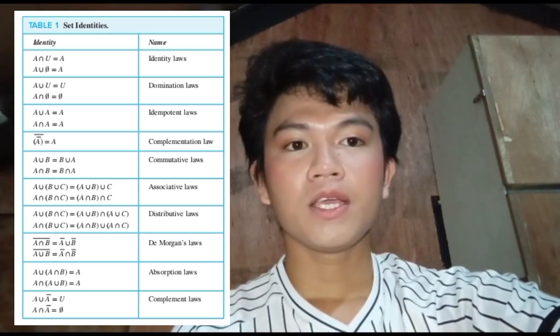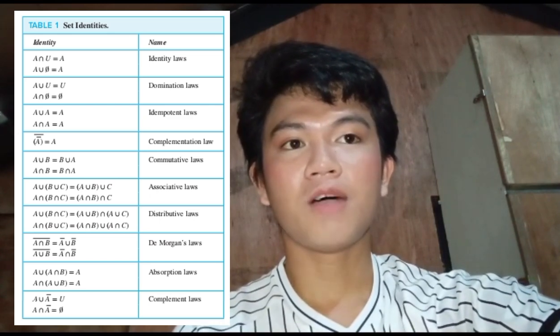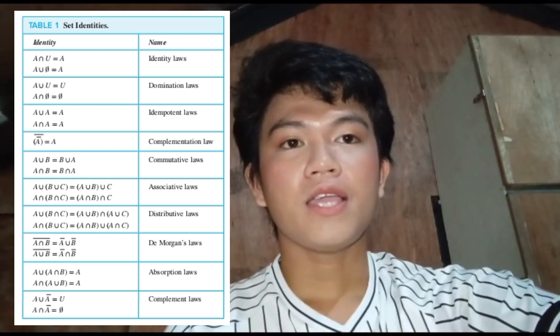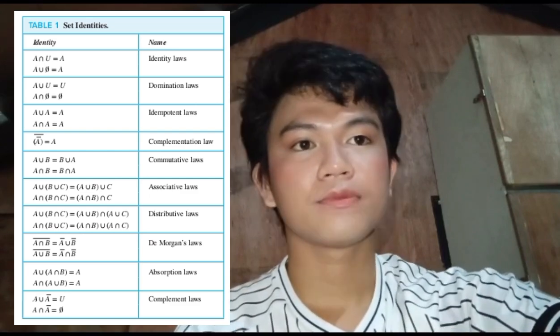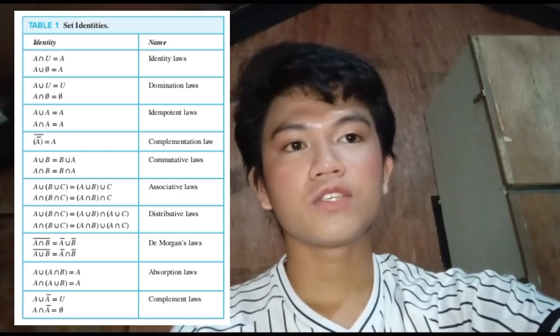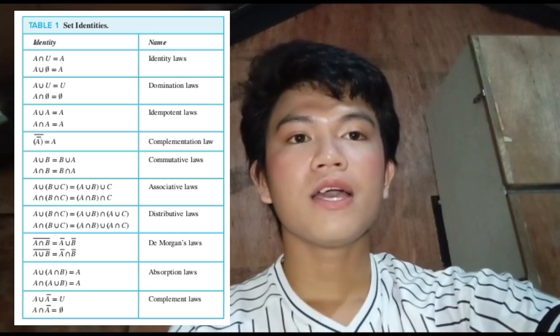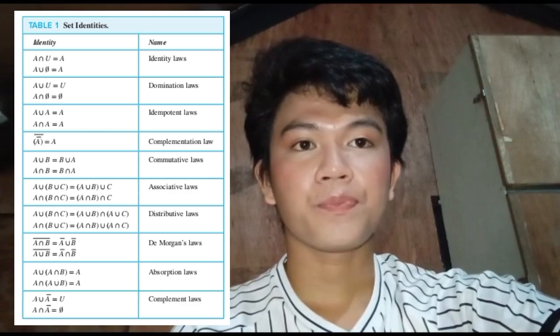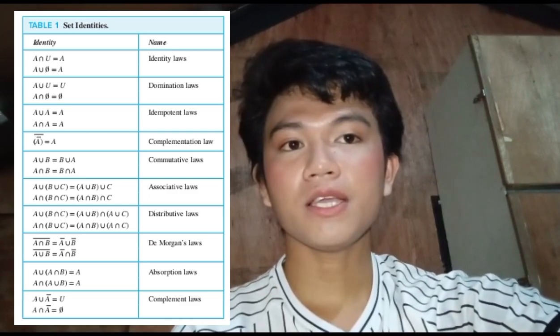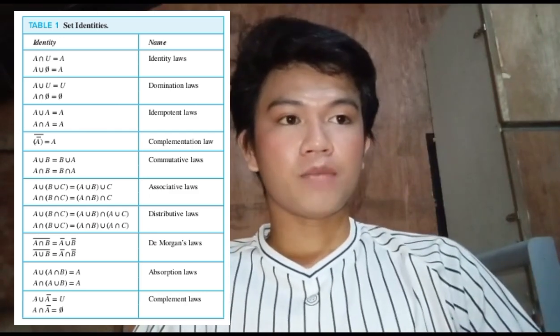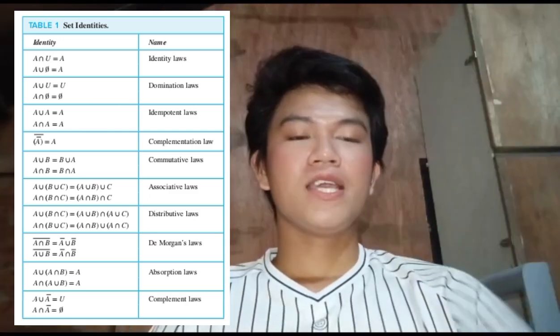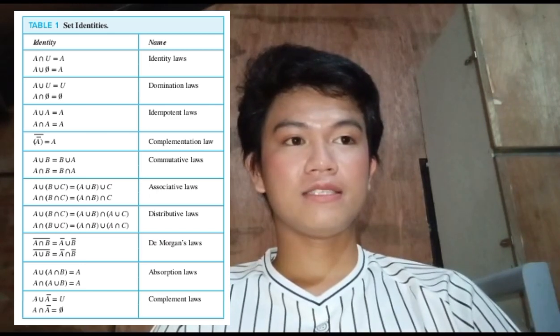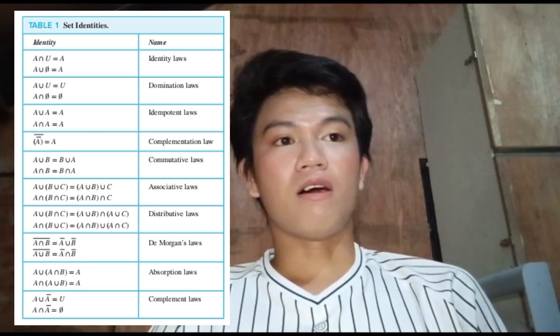The following one is the complementation law, where the complement of the complement of A equals A. The following one is the commutative laws. We can see that A union B equals B union A, and A intersect B equals B intersect A. The following one is named the associative laws.